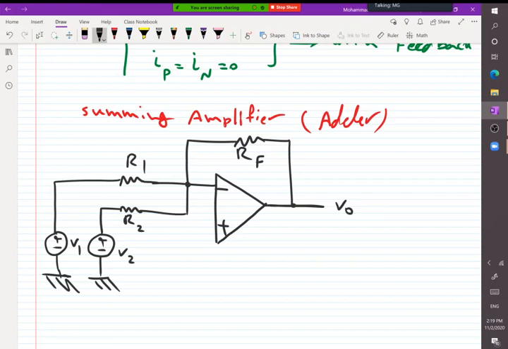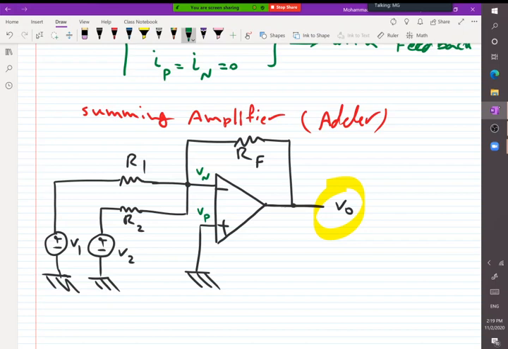And we want to find the relationship between VO and V1 and V2. Okay, so, by the way, I missed one thing. The non-inverting terminal is also connected to the ground. Okay, so the inverting input is called Vn, and non-inverting is called Vp.